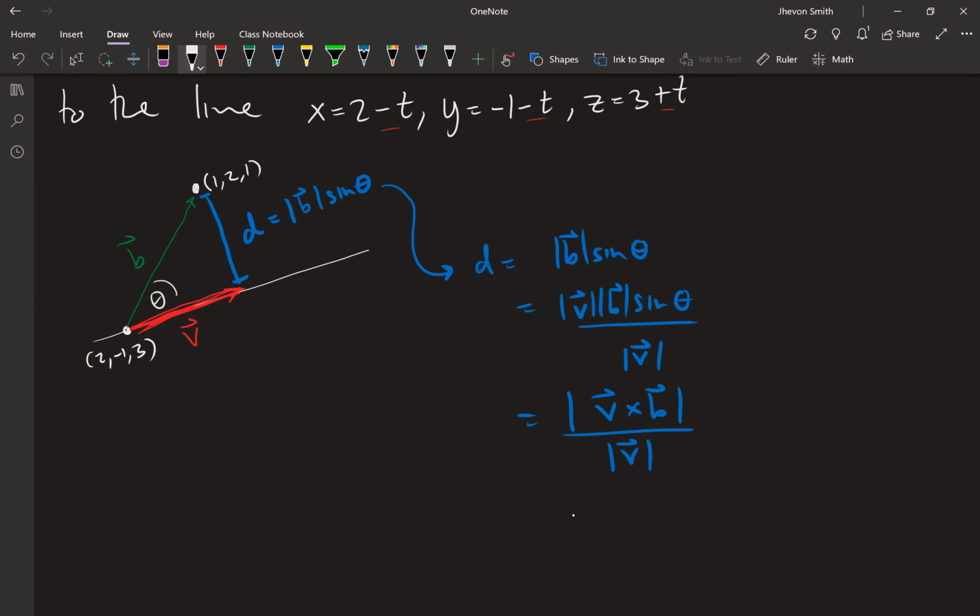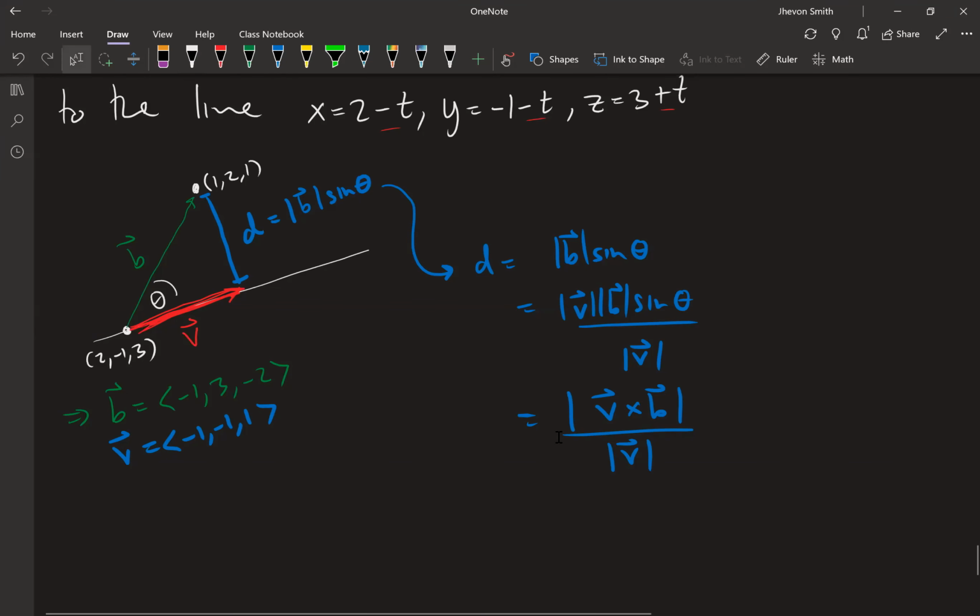And so from this, your B is going to be 1 minus 2, 2 minus minus 1, 1 minus 3. And then you also have that your V is going to be minus 1, minus 1, 1.